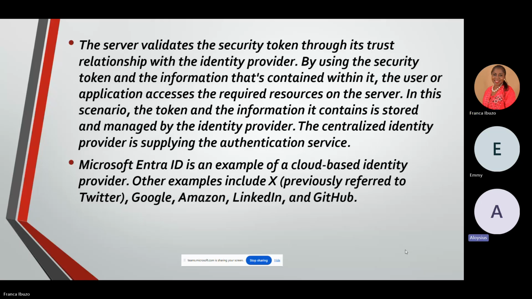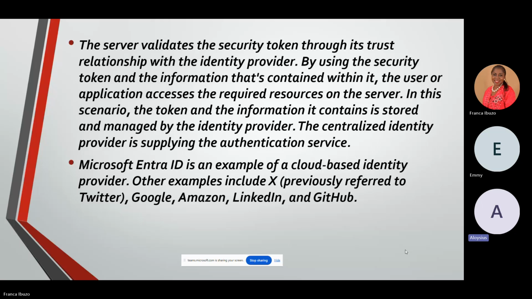Okay. Single sign-on, I think, is an authentication process that allows a user to access multiple applications or systems with a single login.